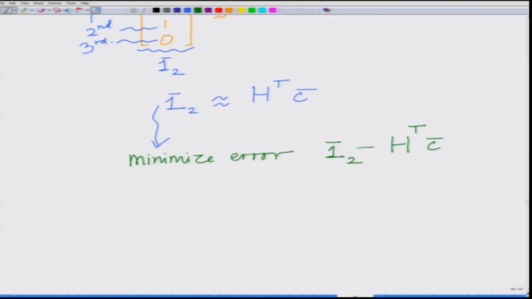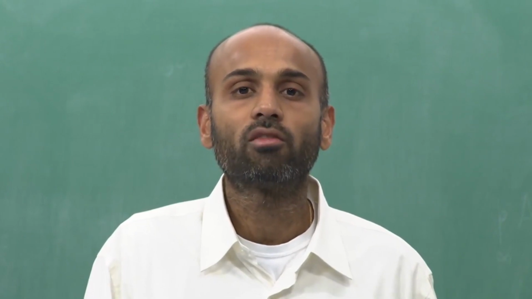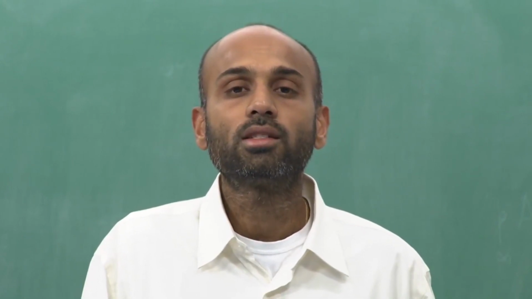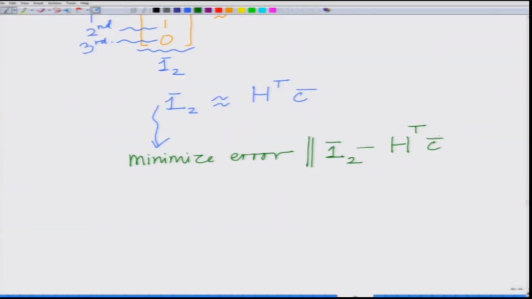Of course, 1 bar 2 is a vector, H transpose C bar is a vector. So, when I say minimize the error, since this is a vector, I have to look at minimizing the norm of the error, or the squared norm of the error. If I minimize the squared norm of the error, it is the same thing as minimizing the norm of the error. So, that now gives rise to the least squares cost function.